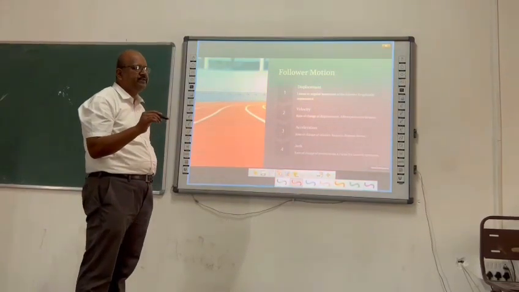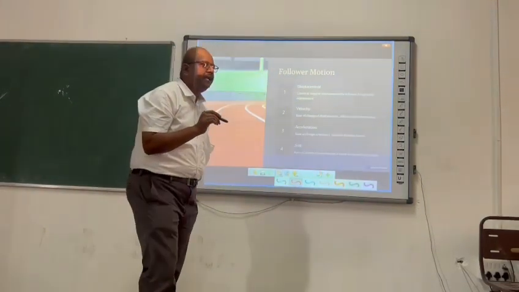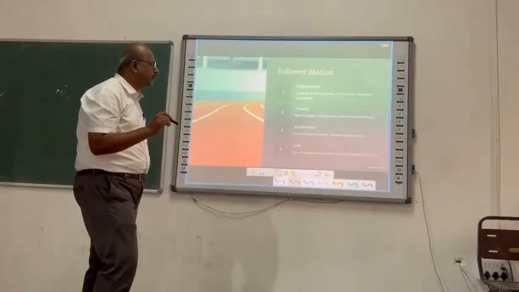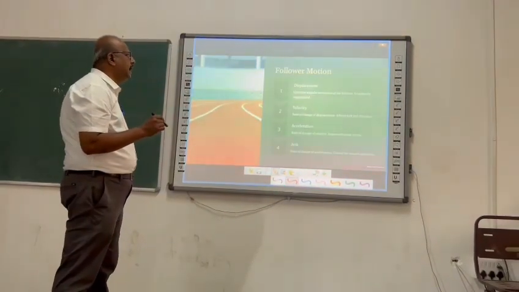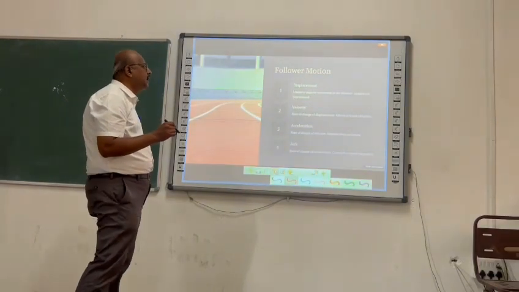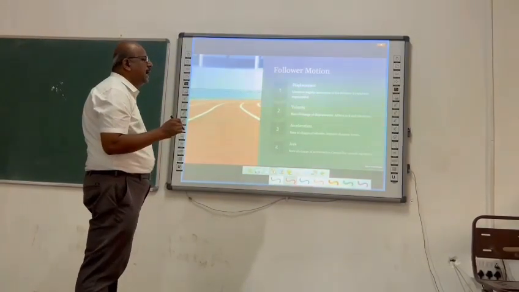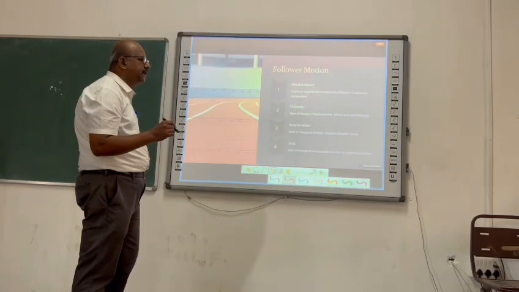In cam and follower motion, the linear or angular movement of the follower is called displacement. It is graphically represented.